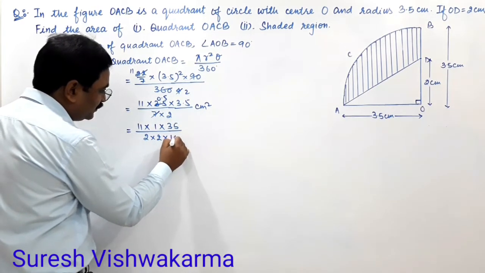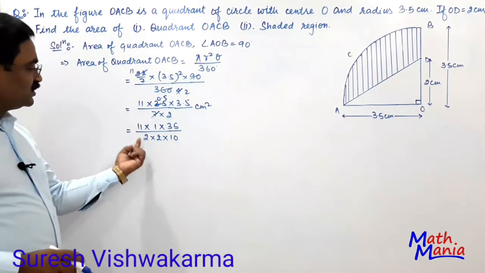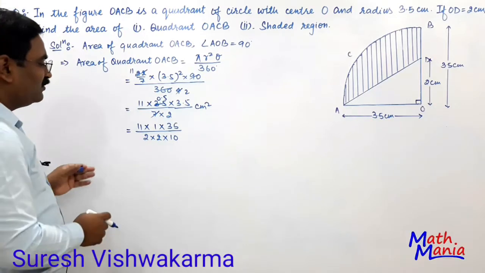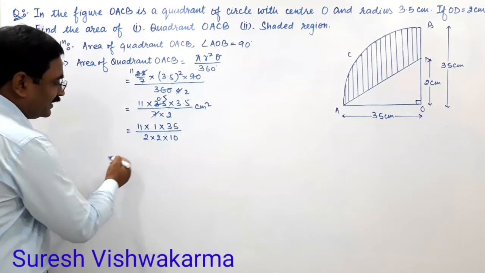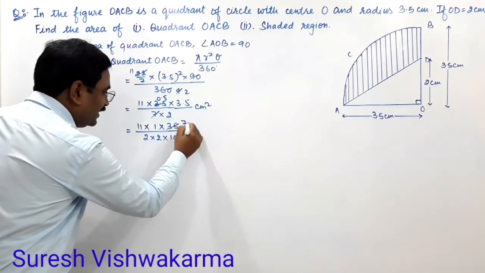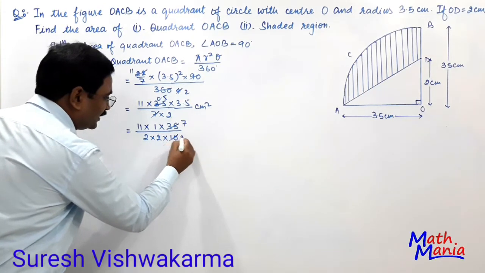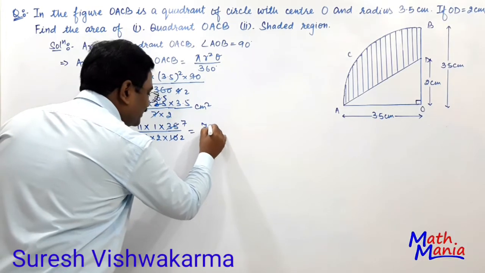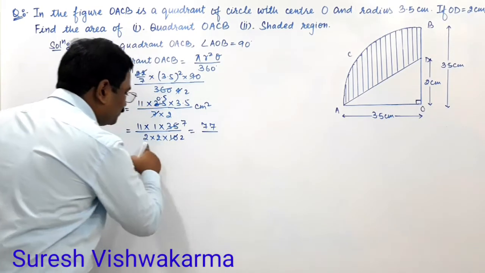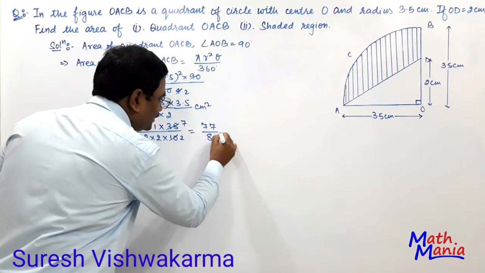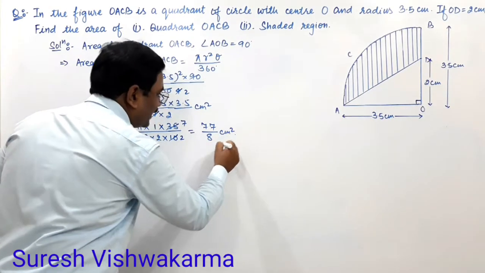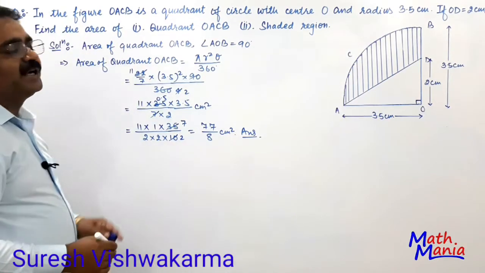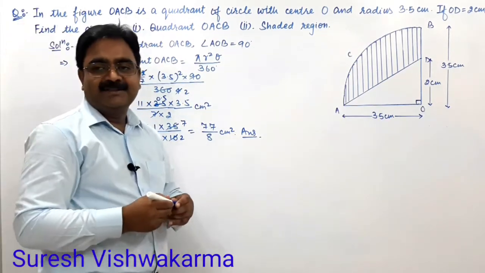Simplifying, 5 7s are 35 and 5 2s are 10. So we got our answer: 11 7s are 77 upon 2 2s are 4, 2 4s are 8, so 77/8 centimeter square is the area of quadrant OACB, right?